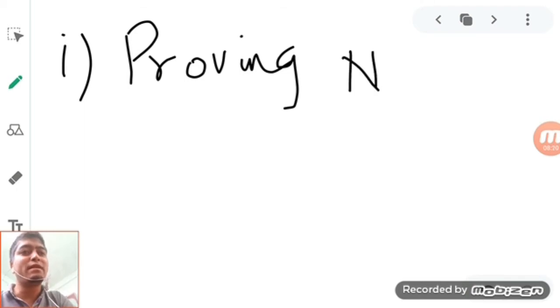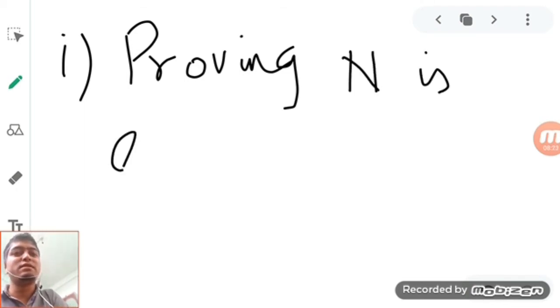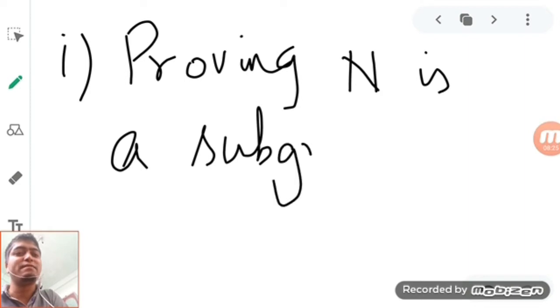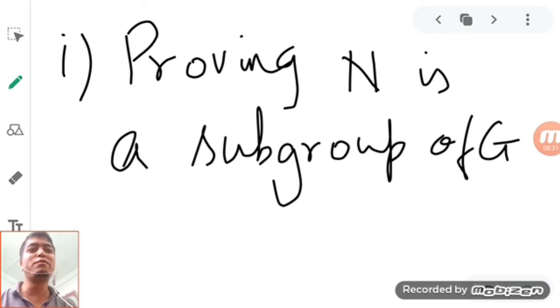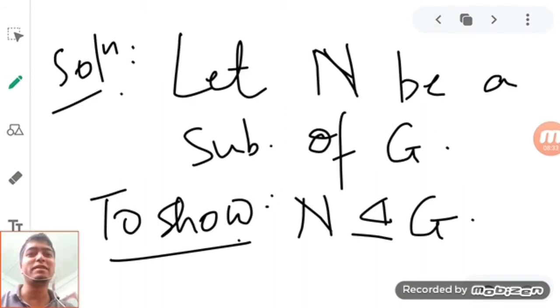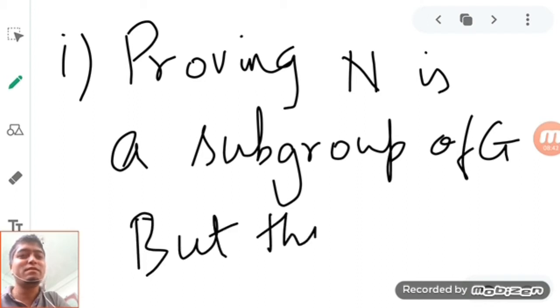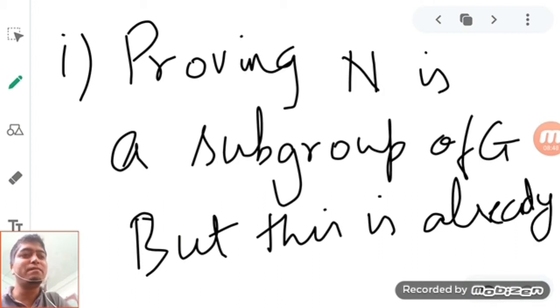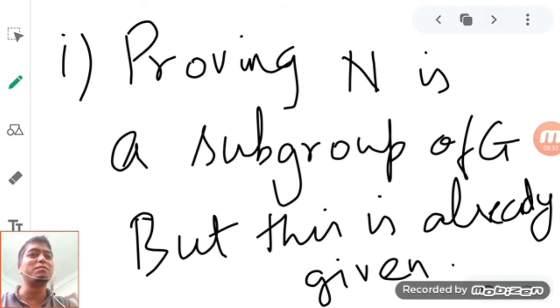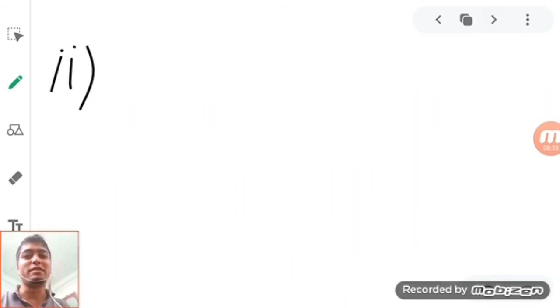Proving N is a subgroup, the first condition: we have to prove N is a subgroup, but that is already given because we already have that N is a subgroup of G. So nothing much to be done. The first condition holds because it's already given. Now we have to prove only the second condition.